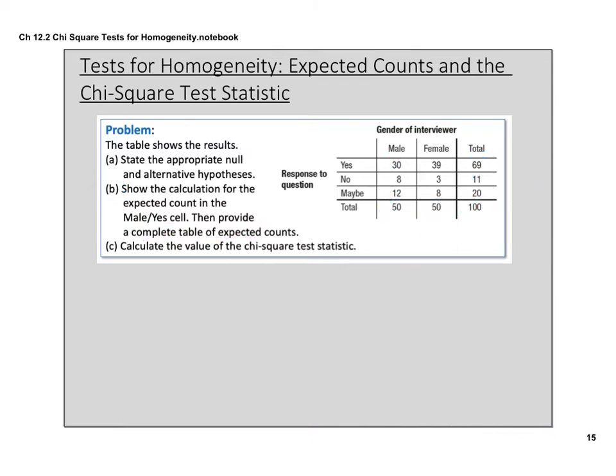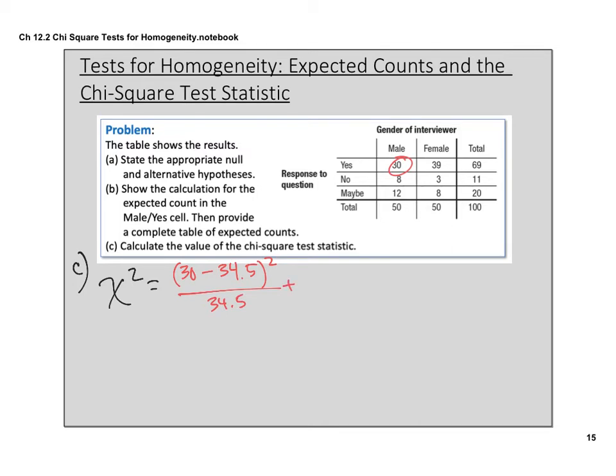So now let's take a look at the chi-square test statistic. If I'm going to calculate the chi-square test statistic, I would have to look at each individual cell, and I'd have to do the actual data minus the expected data, and then square that and divide it by the expected count. So my chi-square looks like this. This is part C. Let's just do this first cell. I'd have 30 minus the expected count that was 34.5, square that and divide it by 34.5.